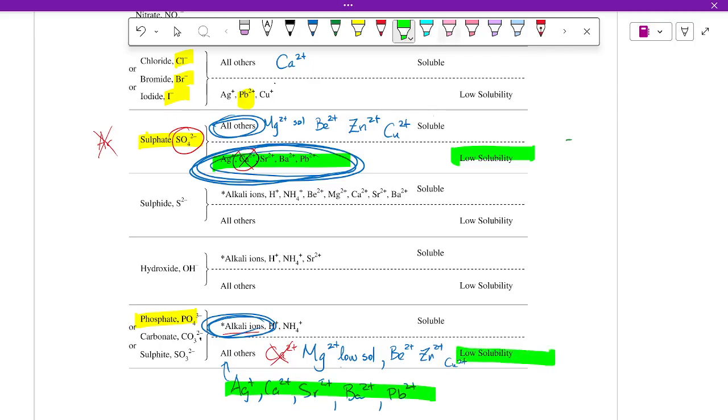The alkalis are soluble with phosphate, and the alkalis are in the all others, so they're soluble with sulfate. So we cannot use the alkalis because they're soluble with everything, and we cannot use those 5 ions, silver, calcium, strontium, barium, lead, because they are low solubility with all of them.